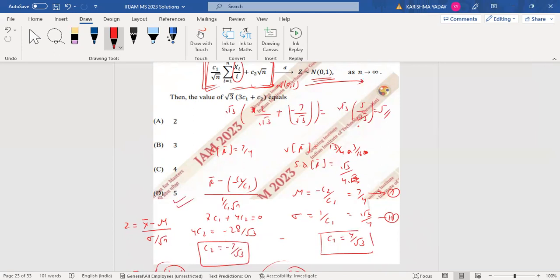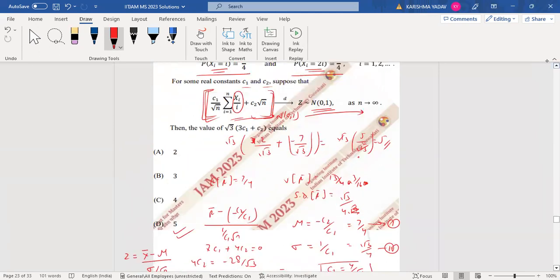Okay, let's summarize this question. What we actually have to do: we are given a function that follows the normal distribution 0 comma 1. If I want it to follow normal 0 comma 1, then z is equal to x minus mu by sigma. I have to find the mean and the sigma of the distribution, and compare them to the mean and variance found for r i.